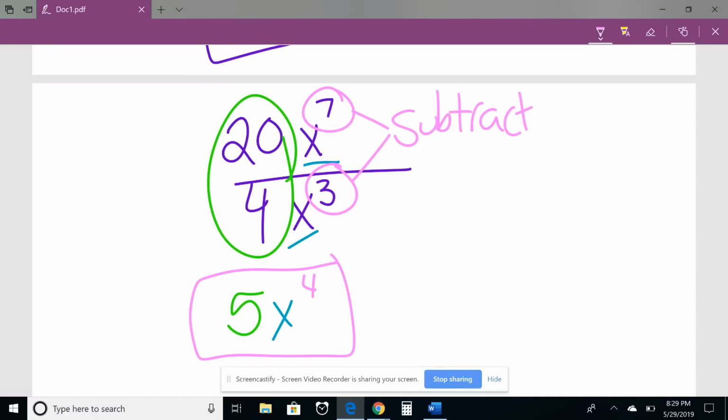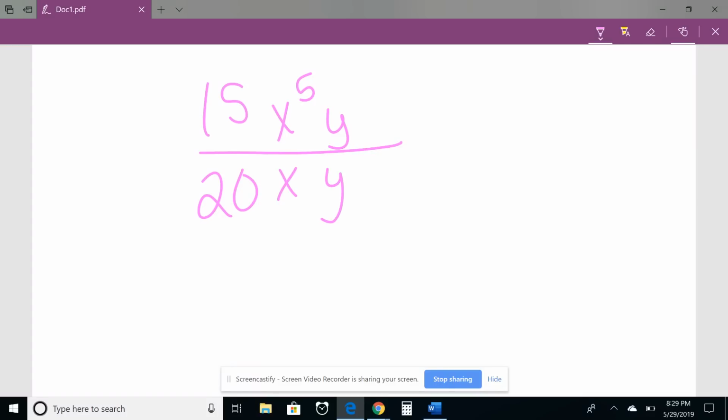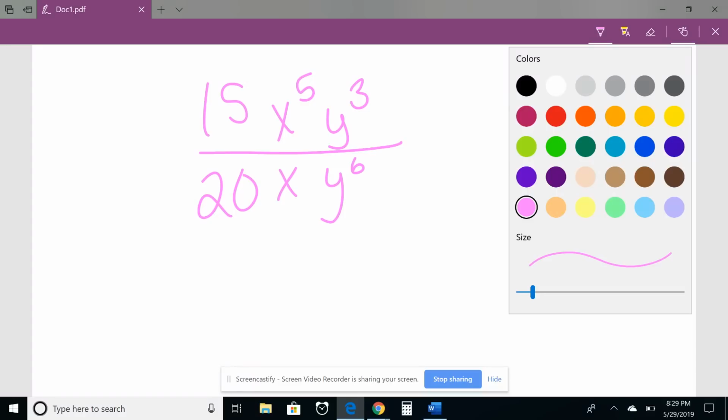Now, in some scenarios, you might get a funky fraction that looks like this. With this, same thing as before, you would divide the numbers out in front.